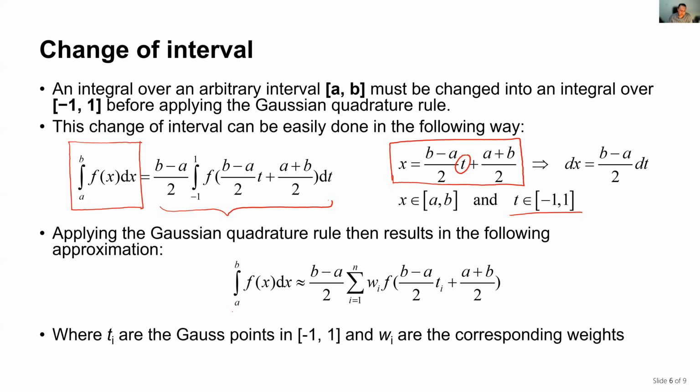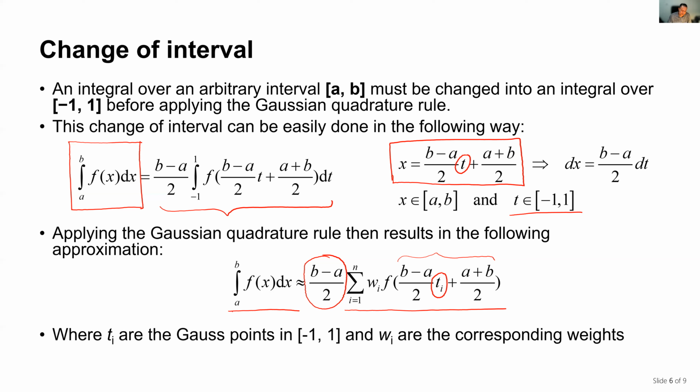So finally, if we do these transformations, we will end up that our integral here from a to b is (b minus a) over 2 times this sum, which is the weights times the function values at these points, where again t_i now is the usual values of the Gauss points defined over -1 to 1.